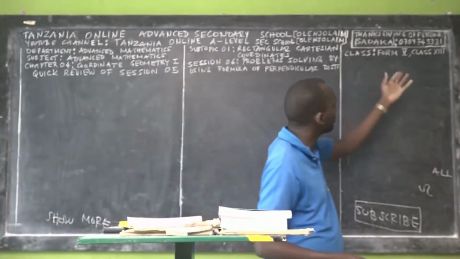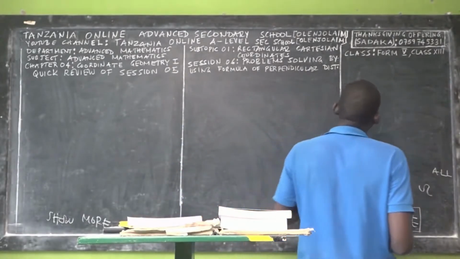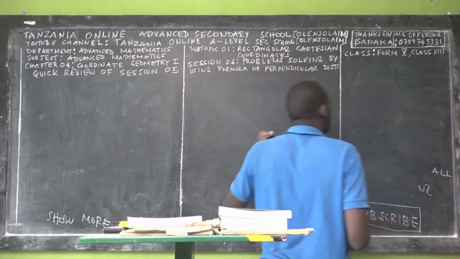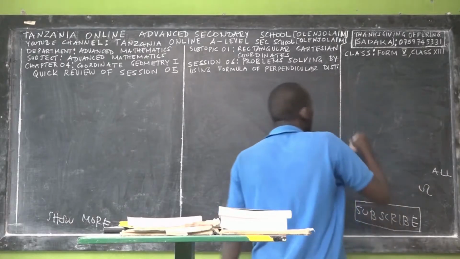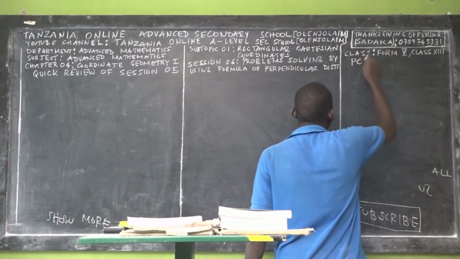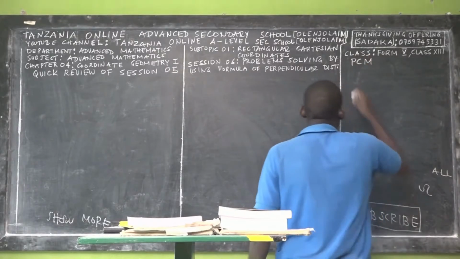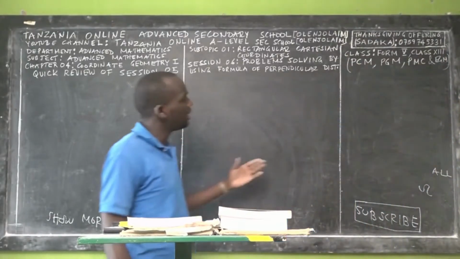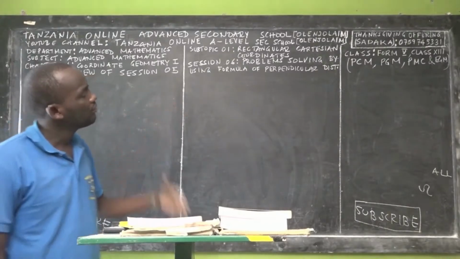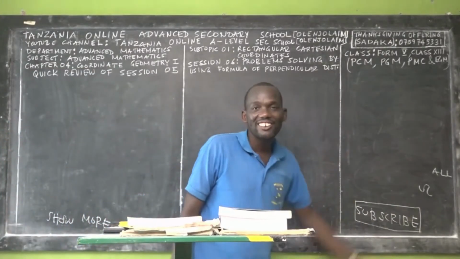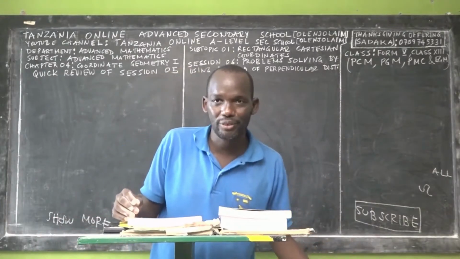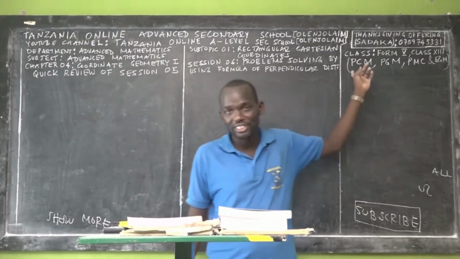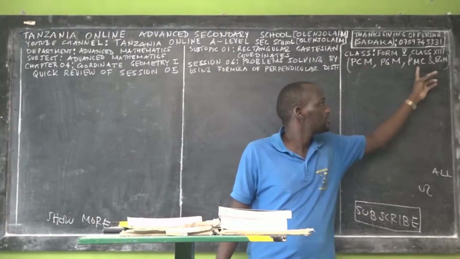These contents are for Form 5 or class 13, and also relevant for pre-Form 5 and Form 6 of the following combinations: PCM, PGM, PMC, and EGM.